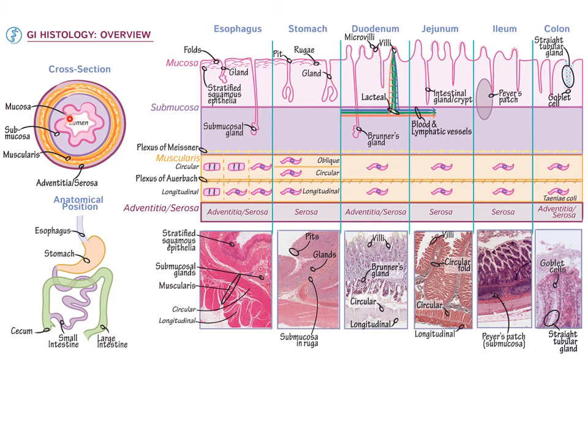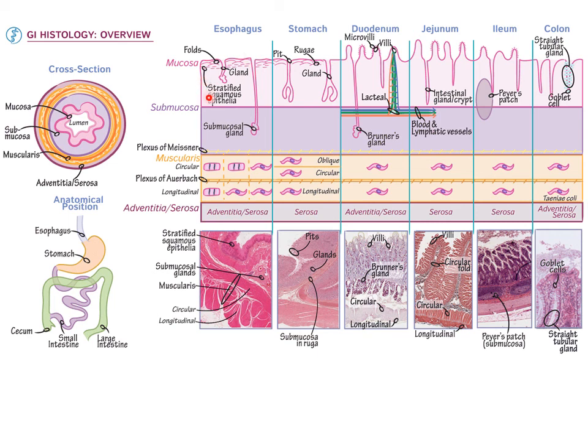The inner layer, next to the lumen, is the mucosa, pink in color, the submucosa purple in color, yellow is the tunica muscularis, and the tunica externa is visible here, that's adventitia or serosa. Depending on the part of the digestive tube, there will be different peculiarities of all four layers. Here is a summary of the structure of the digestive tube, but in future lectures you will have this information about the middle part and the posterior part of the digestive tube.